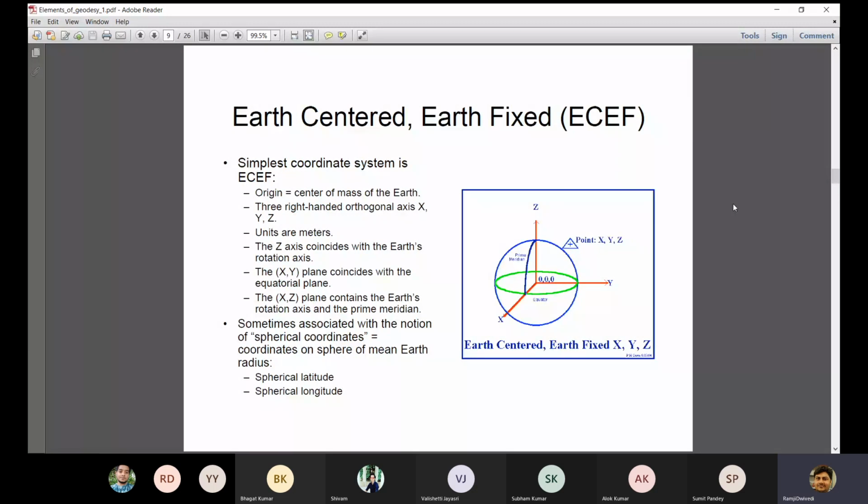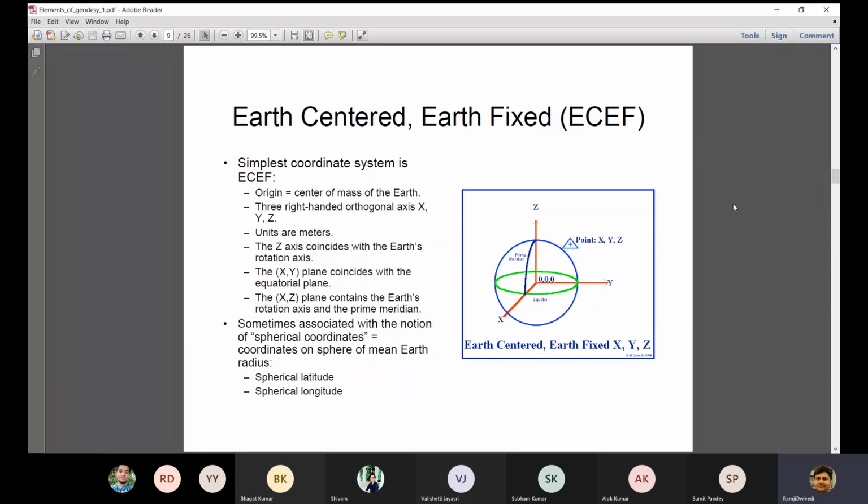This Earth-centered and Earth-fixed concept is conceptualized to get unique coordinates at a particular place, and this is the fundamental coordinate system required for the global navigation satellite system, or in your case the GPS, for defining the position on Earth in a Cartesian system.